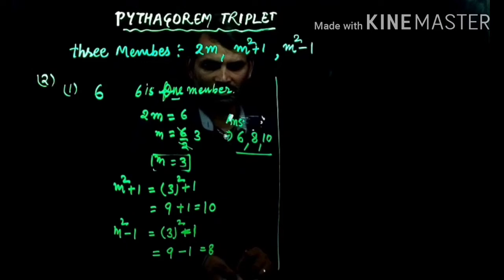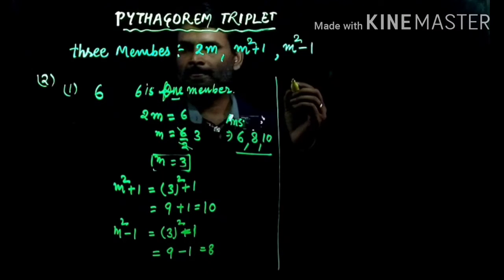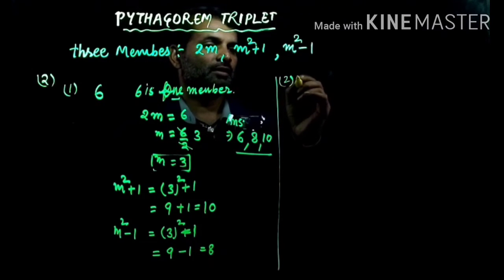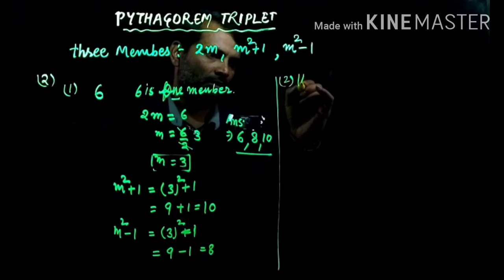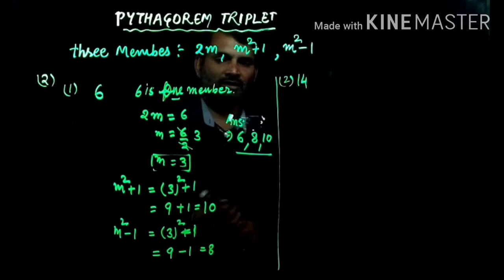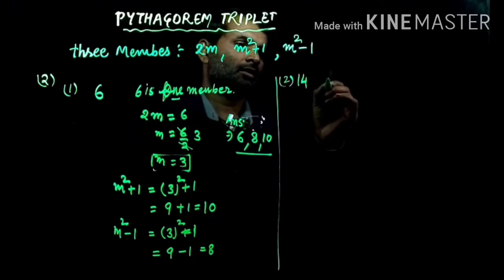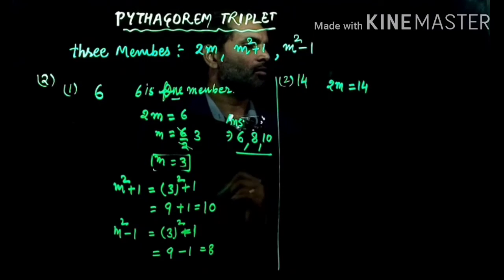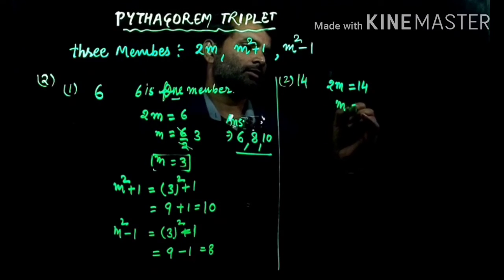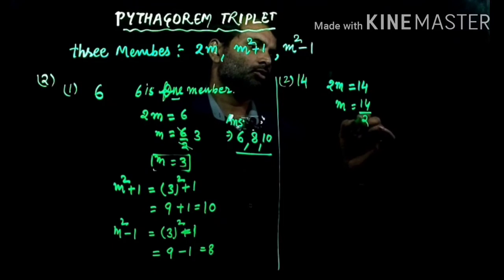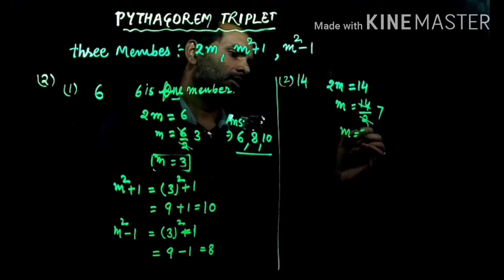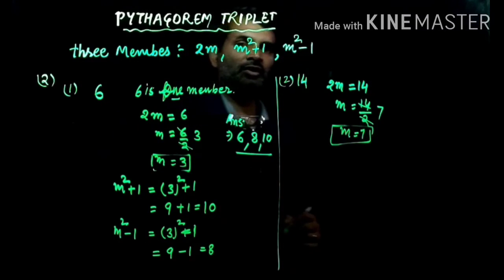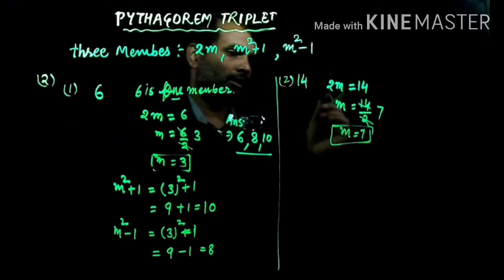Another question: the given number is 14. First compare with 2m: 2m is equal to 14, so m is equal to 14 upon 2, which is 7. The value of m is 7.